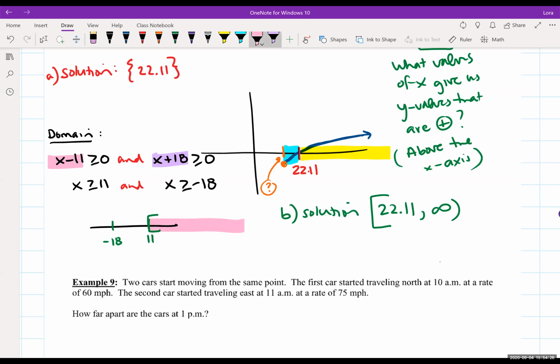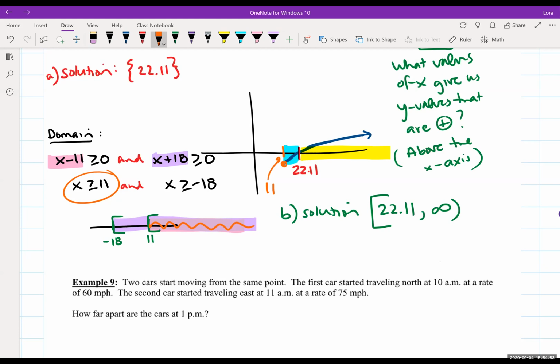If you want to be greater than or equal to negative 18, opening up to the right, the shading would go this way. Well, what covers both regions is the inequality x is greater than or equal to 11. So right away, we say, okay, we've got that boundary point now. That boundary point has to be 11. So now we know that we have an 11.